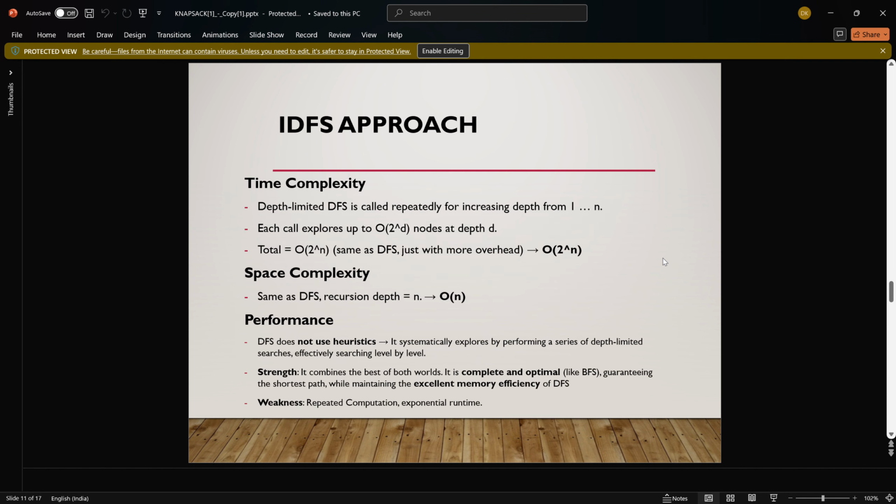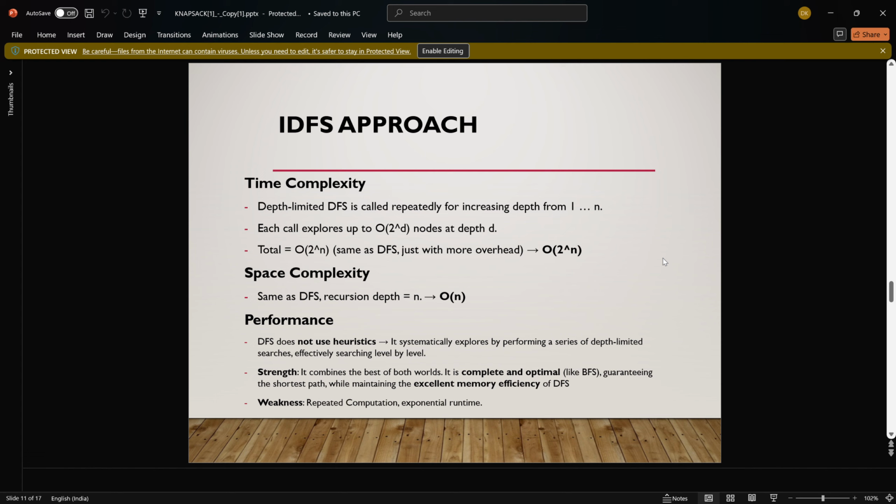Time complexity. Here the time complexity is O of 2 power d, where d is the depth. But if you look at the worst case, the optimal state might be at the bottom, making it O of 2 power n. Space complexity. Same as DFS, recursive depth O of n.